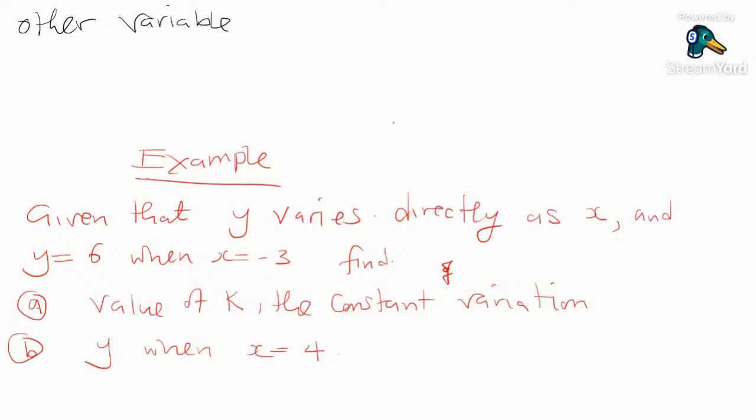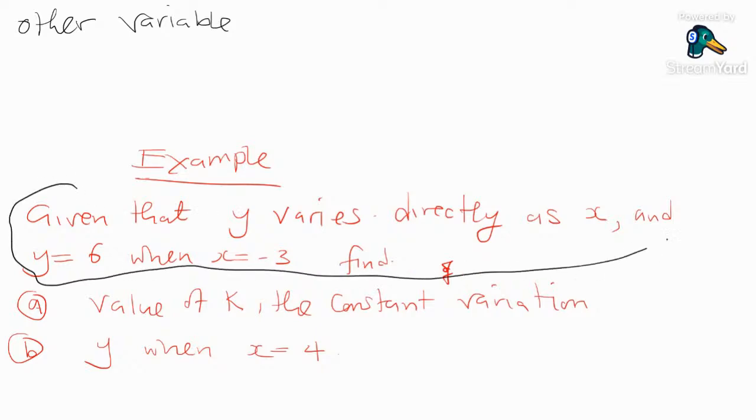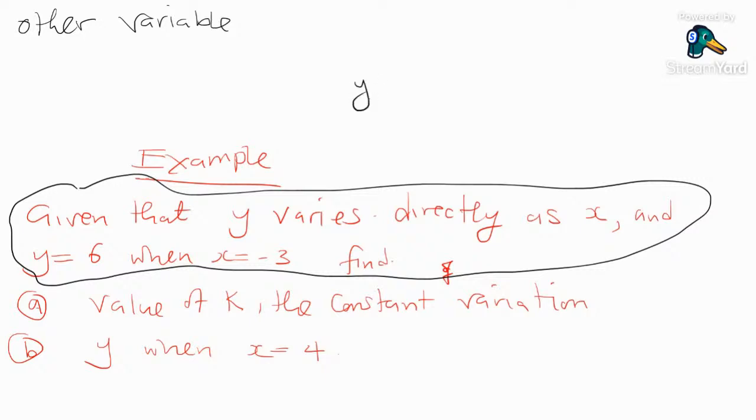So how do you find the k? Normally the information that is given in the first part is used to find k, the constant of variation. For direct variation, y varies directly as x, so y = kx.